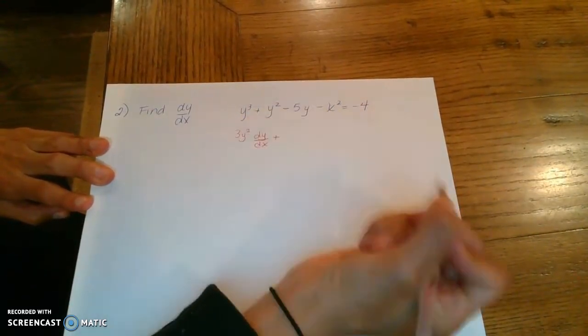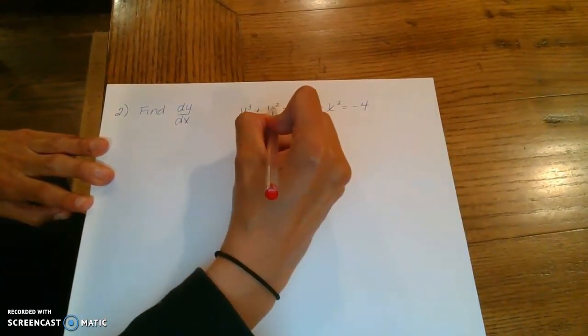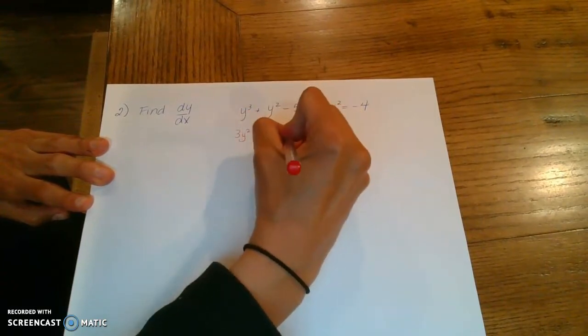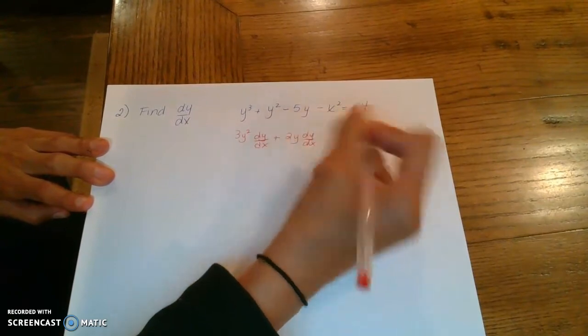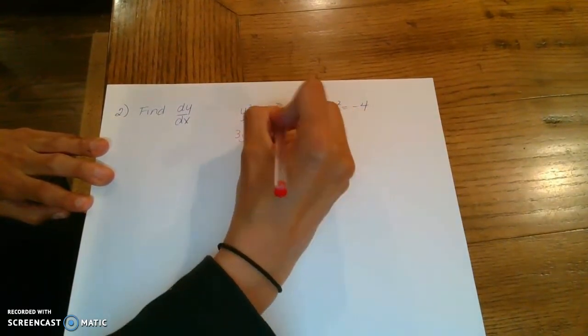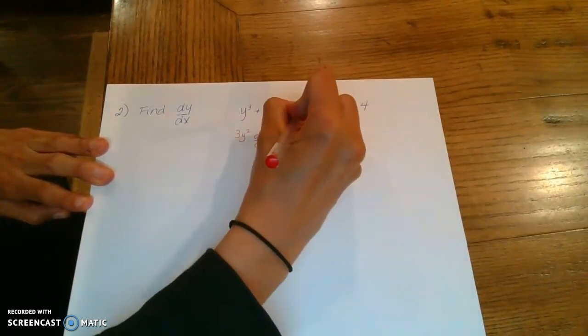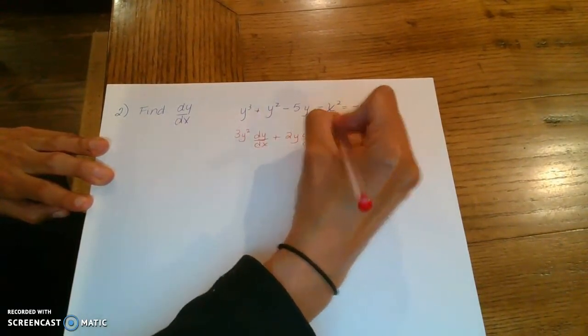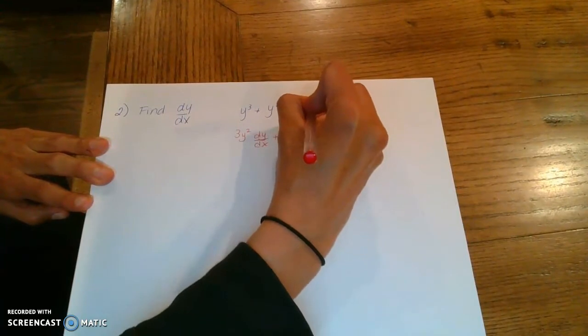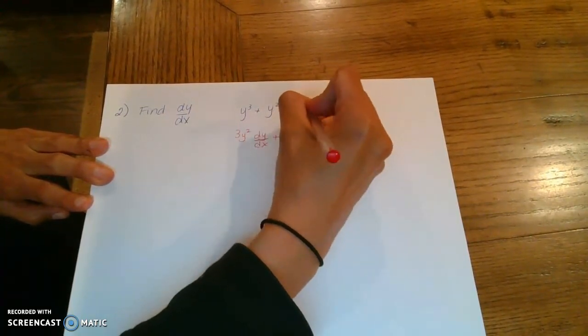Now I can move on to the next term. I take the derivative of y squared. Well, that 2 comes in front, y dy/dx. This y dropped to 1 because you subtract by 1. Here, when you do this term, it's minus 5. The y goes, this 1 goes in front, and when I subtract by 1, I get y to 0.